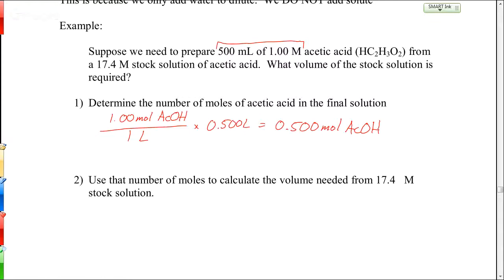So the second part of the dilution then is how much of the stock solution do we need to take to get that half a mole? And the stock solution has a different concentration. The stock solution is 17.4 moles per liter.